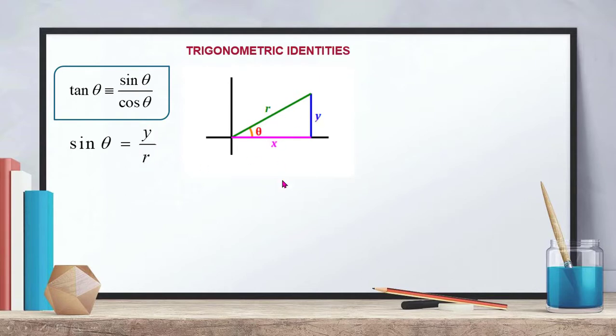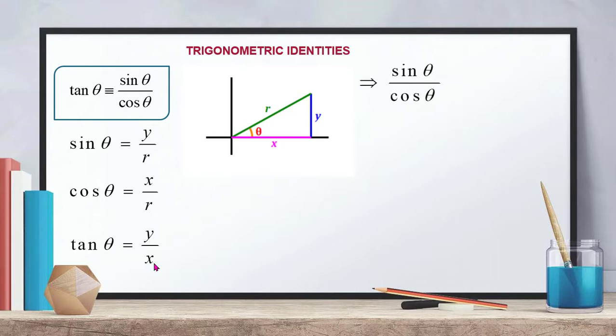And the cosine of theta is simply adjacent over hypotenuse, so we've got x over r. And the tangent of theta is the opposite over the adjacent, so we've got y divided by x.